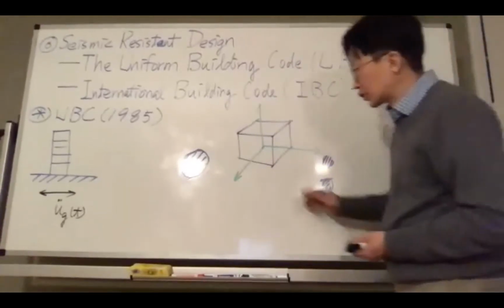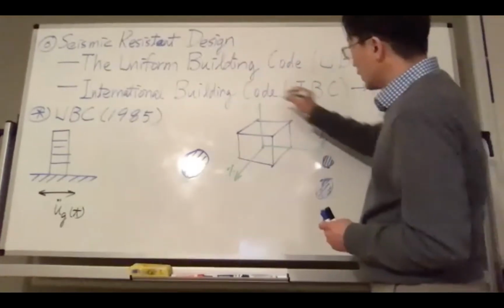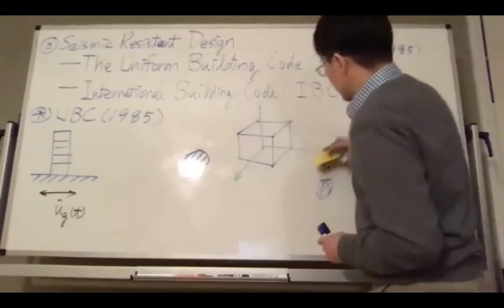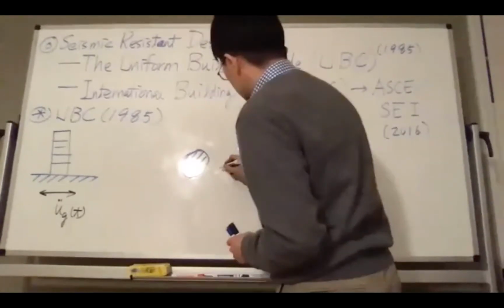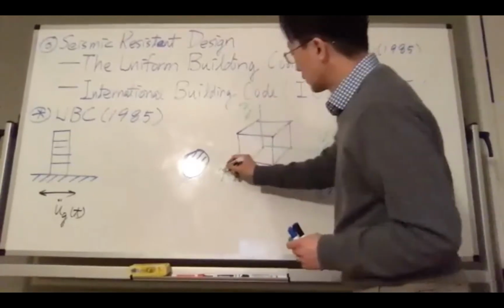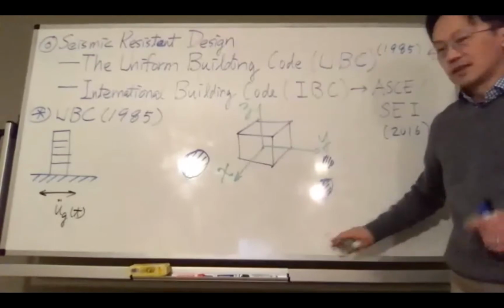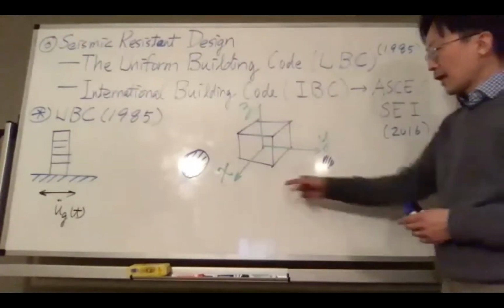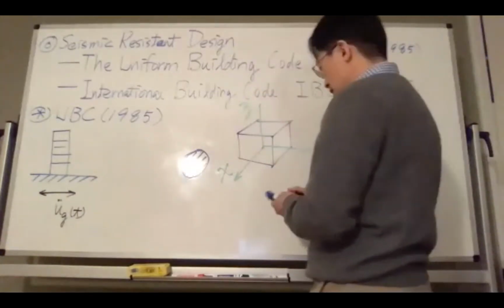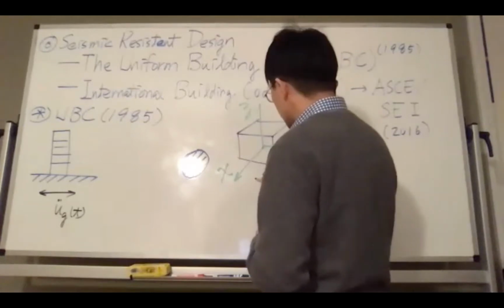If you use Cartesian, the right-hand rule with this to be x and this to be y. Oh, I'm sorry, I need to write in a much bigger form so you can see it. X, y, z. Is that better? Okay. Now, the building is three-dimensional, as well as the structure itself, as well as the ground.